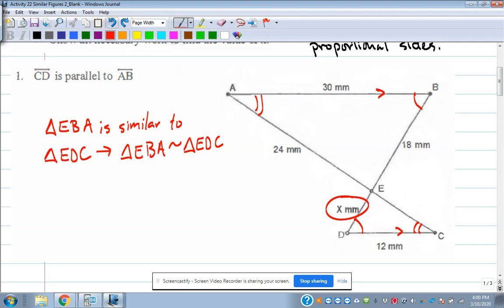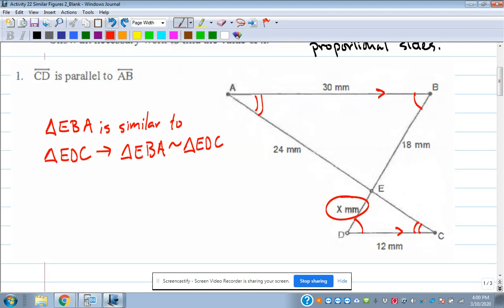Okay. Now, why did I write them in that order? Yeah, the points as you travel around the triangles, they match up. So this angle right here matches this angle right here, and then this angle matches that angle, and then this angle matches that angle.